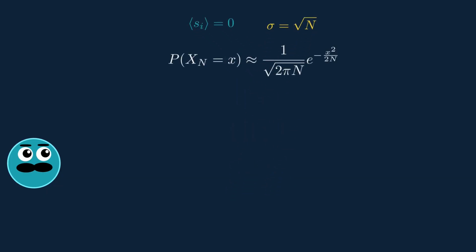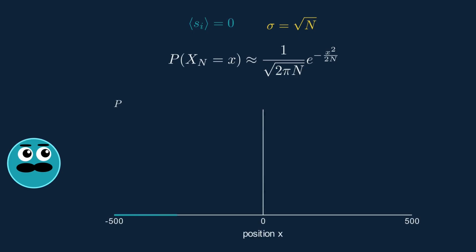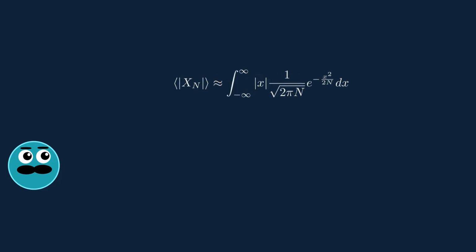Using the obtained values, we can approximate the final position with this equation. So, this is the normal distribution centered at 0 with variance n. The center is 0 because left and right are equally likely, and the width is the square root of n because the variance is n. Now we can calculate the average distance from 0. Distance means absolute value, so we want this. Using the normal approximation, this becomes an integral.